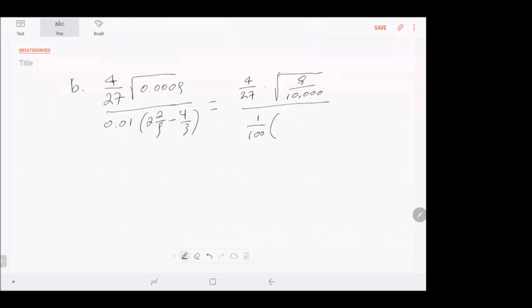We convert the mixed number into an improper fraction: 2 times 9 is 18, 18 plus 2 is 20, so 20 over 9 minus 4 over 3.